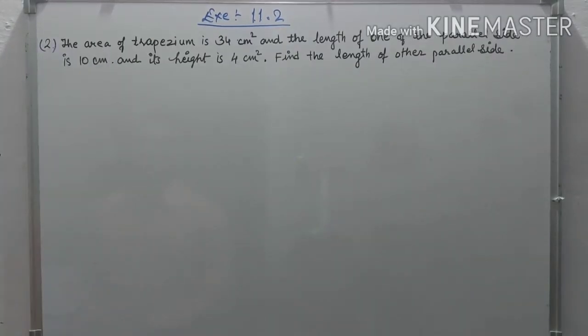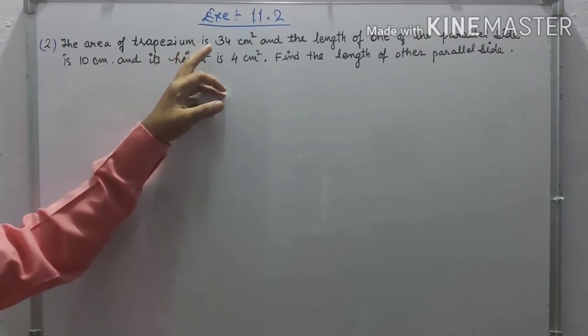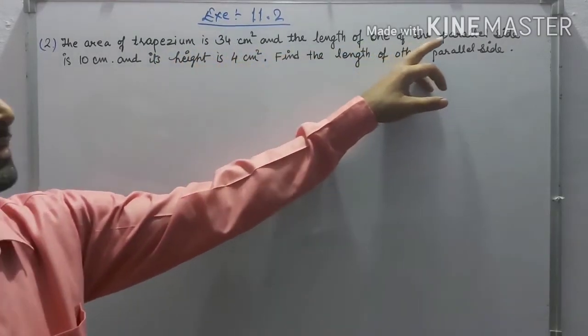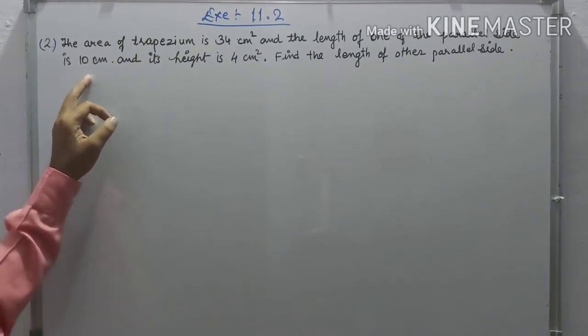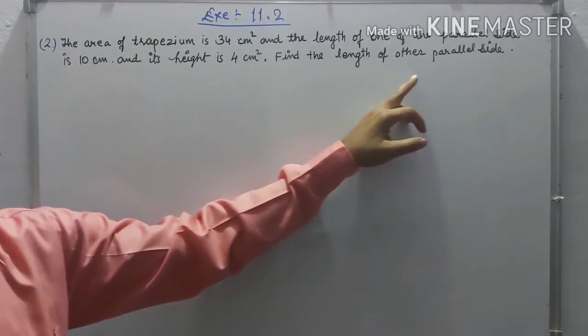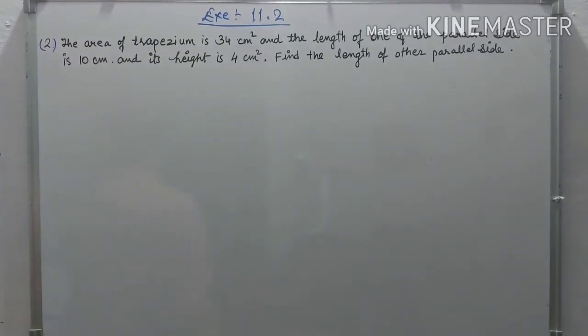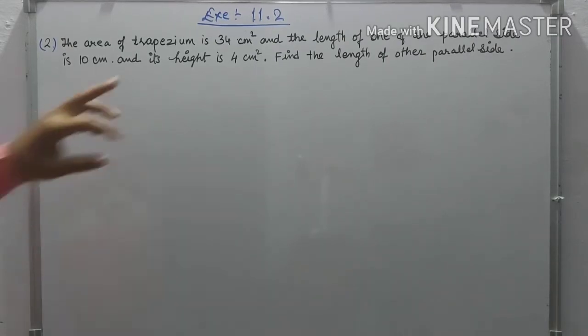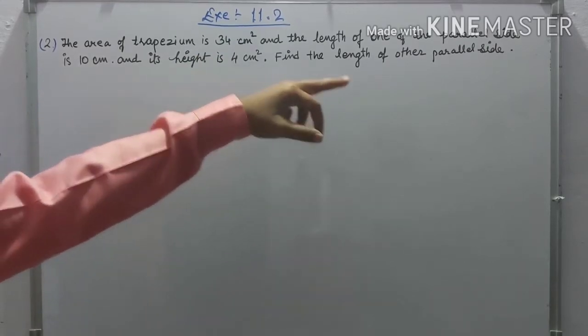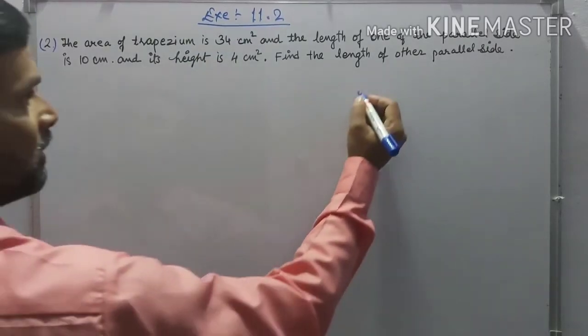Number second, the area of the trapezium is 34 centimeter square, and the length of one of the parallel sides is 10 centimeter, and its height is 4 centimeter. Now find the length of the other parallel side. It's the difference between the first and second question. In the first question you find the area of the trapezium, and in the second question you find the length of one parallel side. Draw a rough diagram.